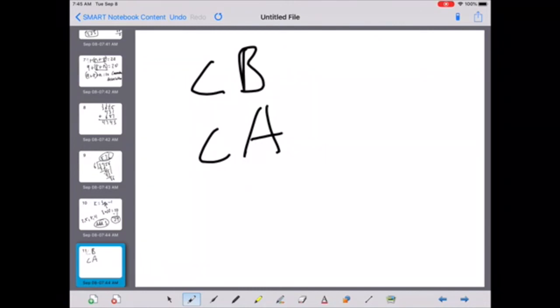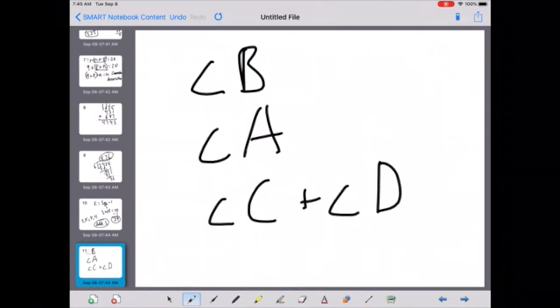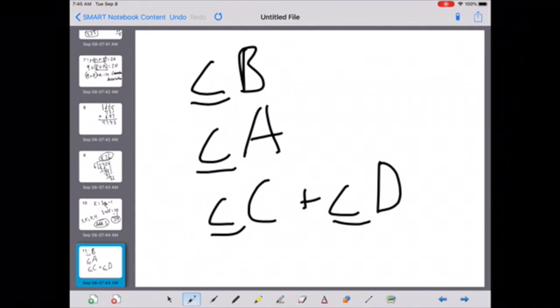Remember, B less than 90, A obtuse greater than 90. And then they said name your right angles. They always have the square, so that's angle C and angle D. Don't forget your angle signs so that we know it's an angle. You could have named them with 3 letters if you want, but because there's no confusion, because there's just one angle at each letter, you could do it with just one.